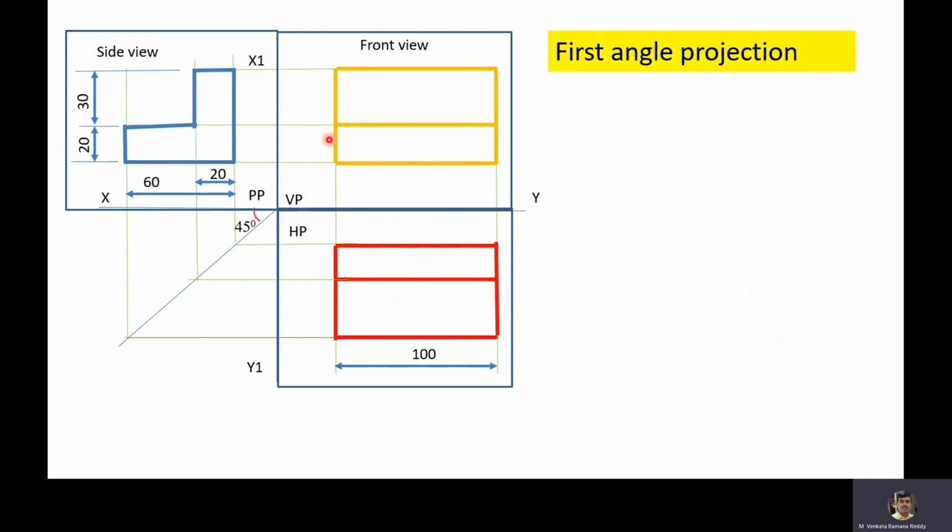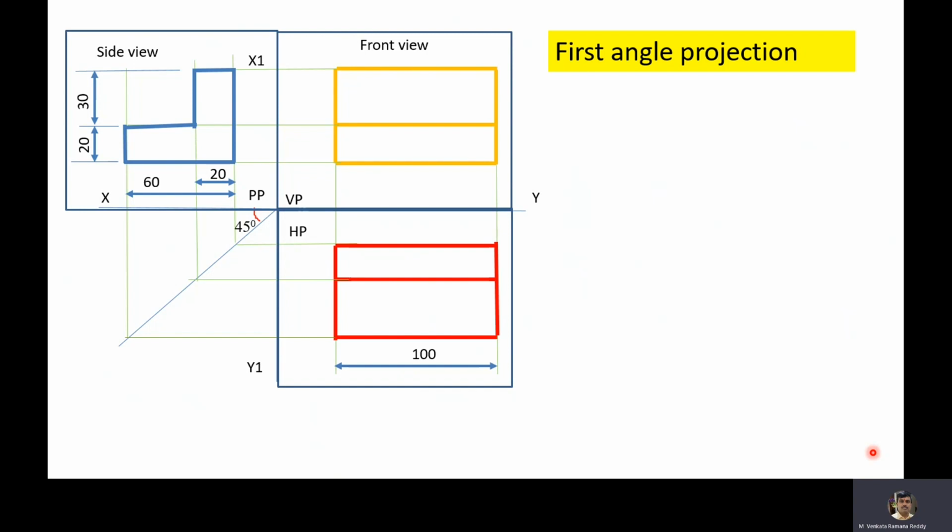Next here, the front view is projected onto the vertical plane, top view is projected onto the horizontal plane, side view is projected onto the profile plane. That is, in the case of first angle projection, front view comes above the XY line, top view comes below the XY line and side view comes adjacent to the front view above the XY line.